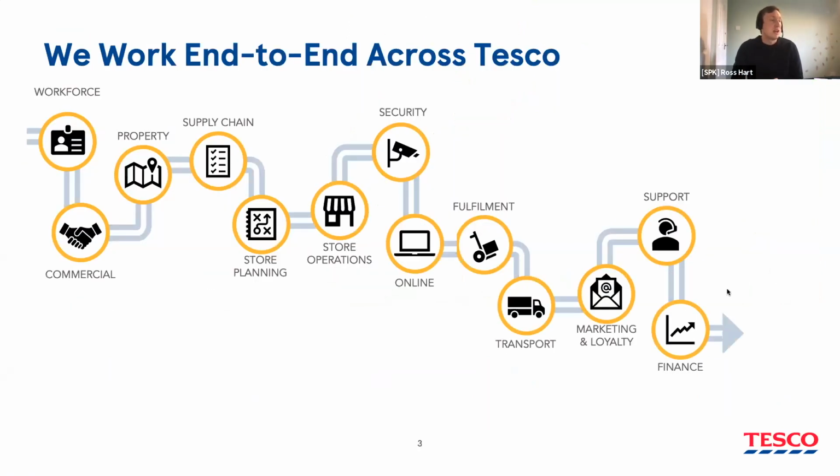Our data science team has grown over the past few years, and we cover things from all sides of the business, from the workforce in our business to more customer-facing things. But part of our business is also really focused on things like transport and fulfillment, where you need to start making optimal decisions to be able to make the business run as efficiently as possible.